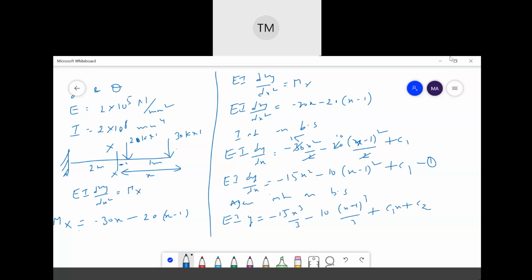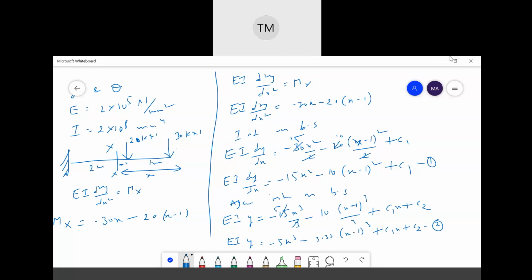Simplify this one. It will be 3 fives, so it is minus 5 into x cube, minus 10 by 3, which is 3.33, into x minus 1 whole cube, plus c1x plus c2. This is equation 2. Okay, same as the process you have done in the double integration method.